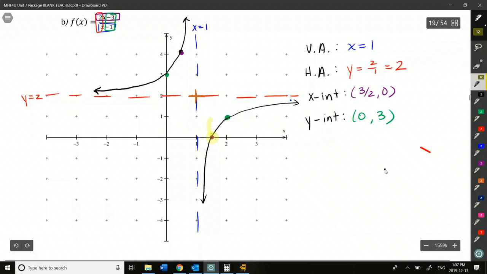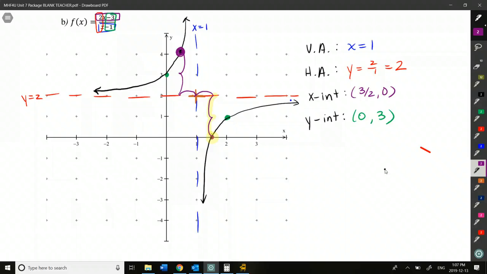So it's going to be 1 unit up, and then another 1 unit up to get to the asymptote, and then half a unit over to get to this cross-section point. And then I'm going to do the same thing. So I'm going to go over a half, and then up 2 units, and that's how we get this point right here. So I'm just counting how long it takes me to get to this orange cross-section between the asymptotes, and then counting the same number of units and reflecting it diagonally on the other side. Okay? Is that good, Fayak? Yeah.